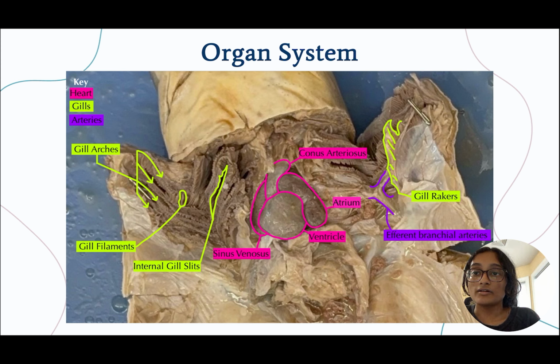Note, the heart of a spiny dogfish is 2-chambered, unlike a human, which has 4 chambers. The light green represents the gills, the primary point of gas exchange through which water enters the shark. Next, the purple represents the arteries in which oxygen travels through.